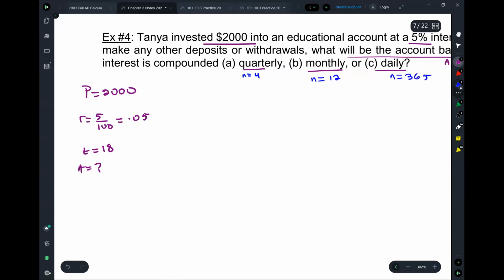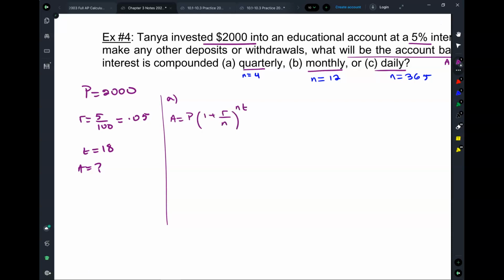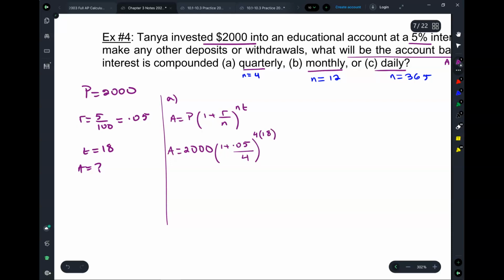So we're going to do parts A, B, and C. For part A, A is P, 1 plus R over N, to the power of NT. So A is 2,000, 1 plus 0.05 over 4, to the power of 4 times 18.